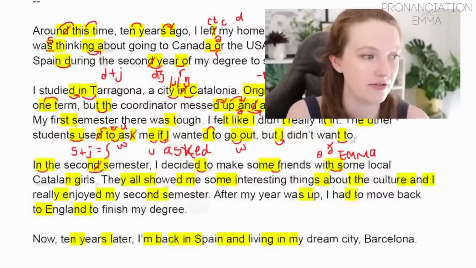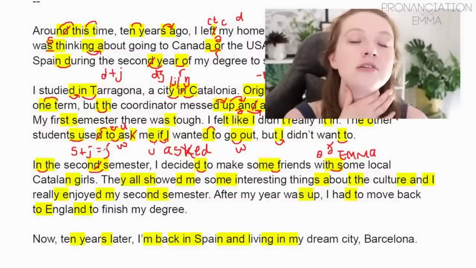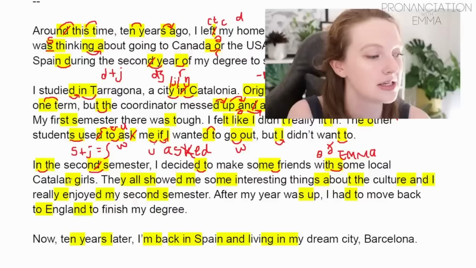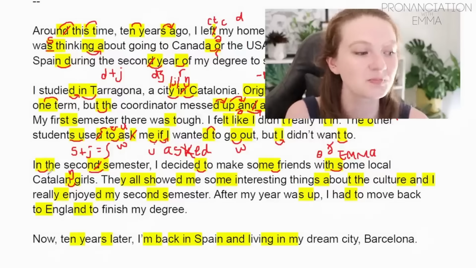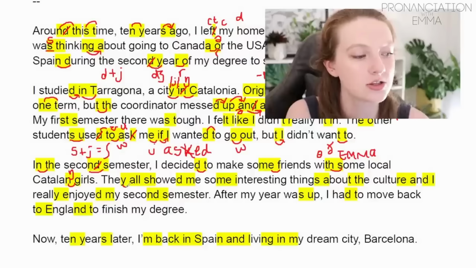So I'm doing the same thing as I did back up here, where I changed that Catalan to Catalan. Catalan girls. So this here gets changed to an ung. Local Catalan girls. They all show. This gets changed to a ya. They all show. So that all is what we call a dark L. We have two types of L in English. La, like lucky, and all, like in fall, where we hold it.